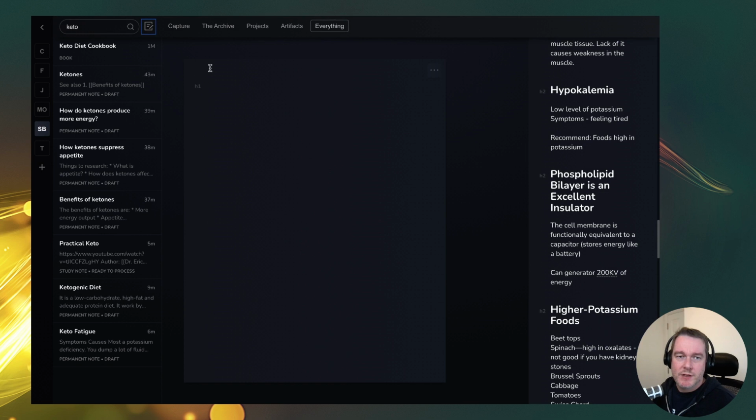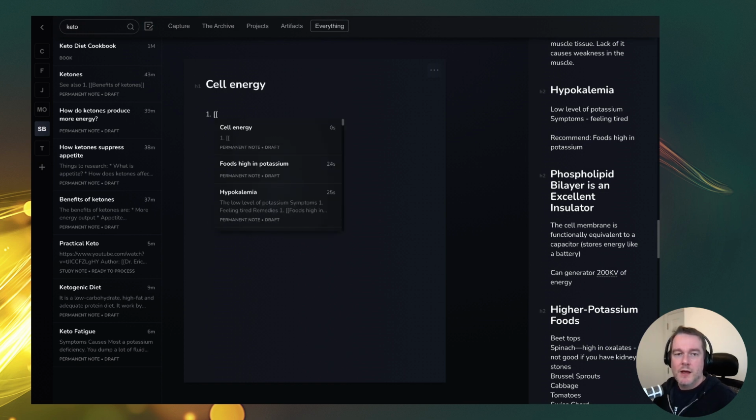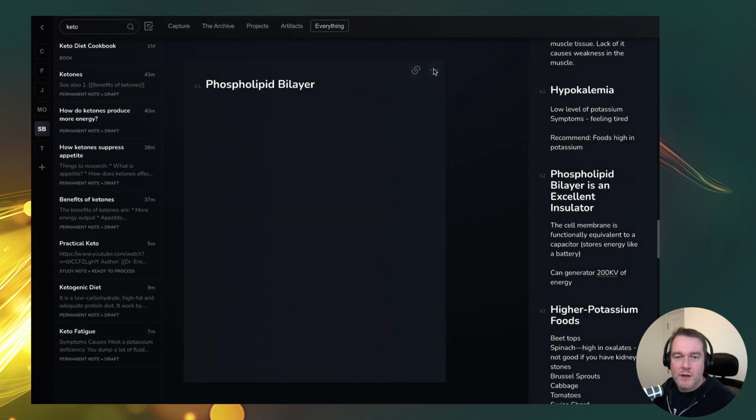So let's create a cell energy note, and we'll create this thing. The cell membrane functionality is equivalent to a capacitor. I'm just going to paste that in. Stores energy like a battery, and it can generate 200 kilovolts of energy. Wow. That's cell energy.